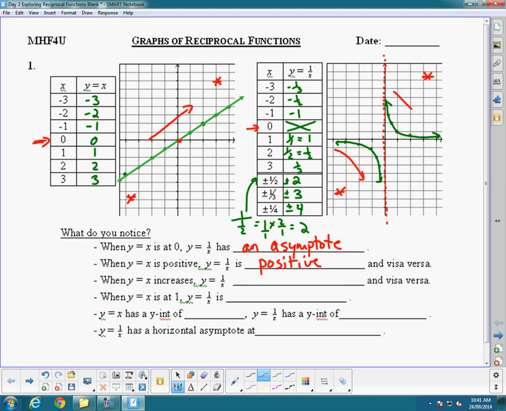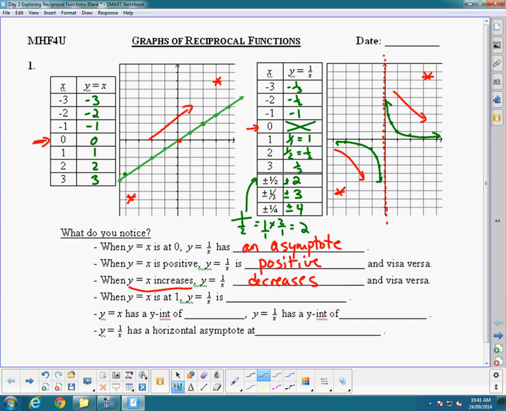Even these ones are all getting smaller. So when the original increases, the reciprocal decreases. And vice versa. Well, we don't have an example here where the original is decreasing. We'll look at that in a second.